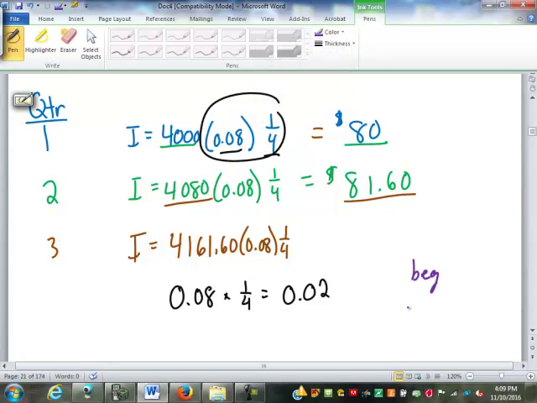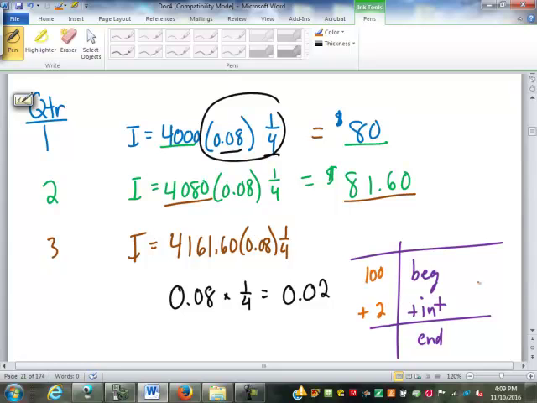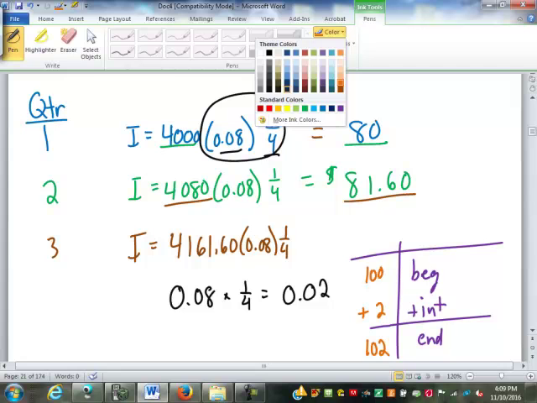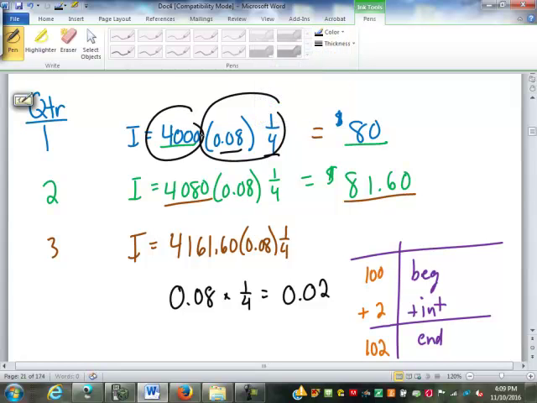Just like we were doing before, you have the beginning of the quarter plus the interest gets you the end of the quarter. At the beginning of the quarter, if we call that beginning amount 100%, our interest is 2%. That means at the end of the quarter, you have 102% of what you started with. So to get from the beginning of the quarter to the ending balance, which starts the next quarter, we just have to find 102%.